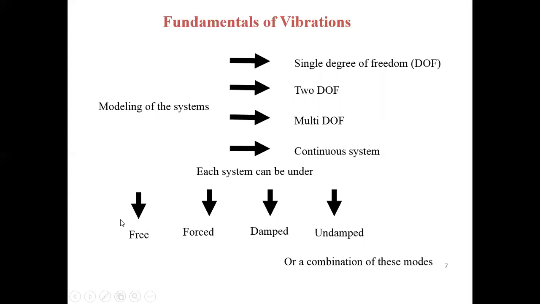There are different kinds of vibration: free vibration, forced vibration, free damped vibration, free undamped vibration, forced damped vibration, and forced undamped vibration, or a combination of these modes, right? Free damped vibration and free undamped vibration is a combination of two vibratory systems, and also forced damped vibration and forced undamped vibration is a combination of two vibratory systems.